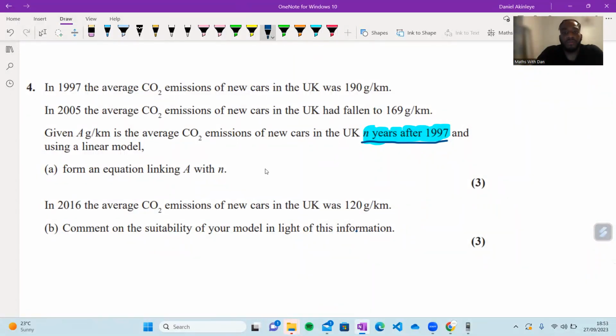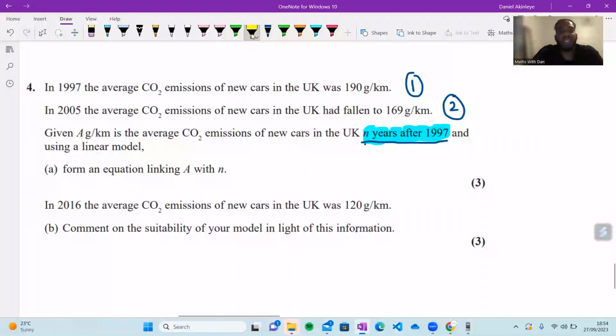So I'll give you guys a hint. We know that we're looking at a perspective from 1997, because it says that the CO2 emission of new cars in the UK was N years after 1997. So in the first sentence we've got a bit of information here: information one, information two.